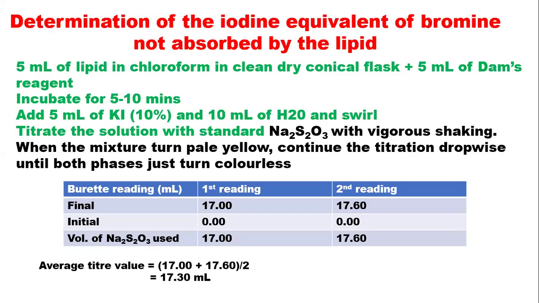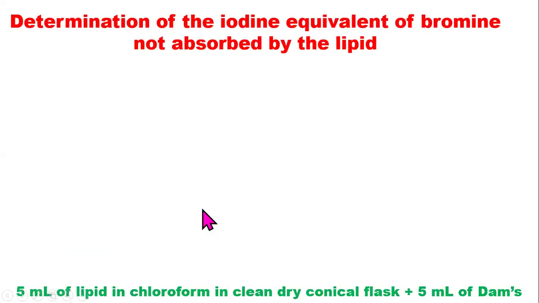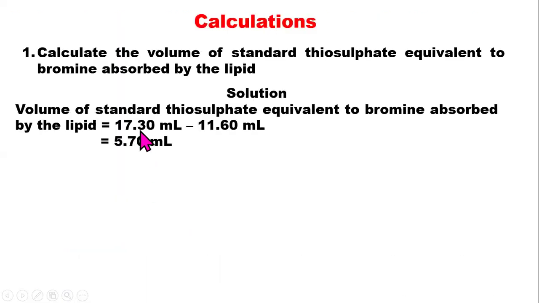Look at it, this is our second titer value that contains our lipid sample, and this is our first titer value that is only chloroform. So we subtract the value that contains only chloroform from the value that has our lipid sample. So we say 17.30 minus 11.60, and we arrive at 5.70. That is all for this question.